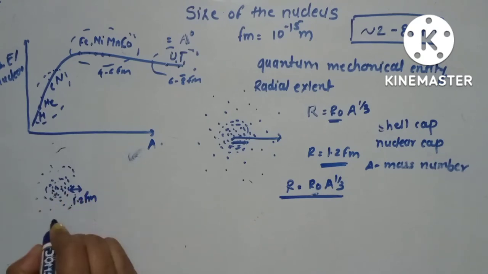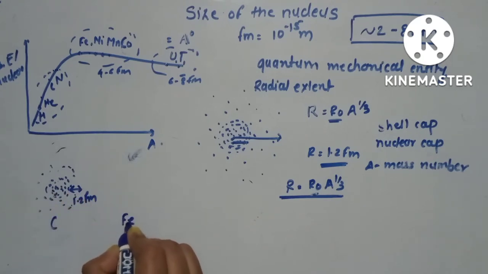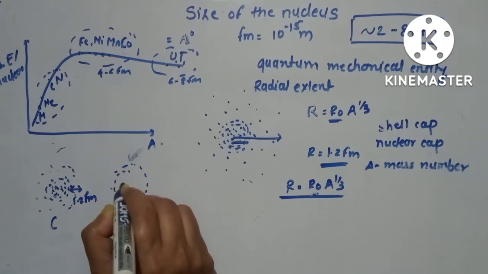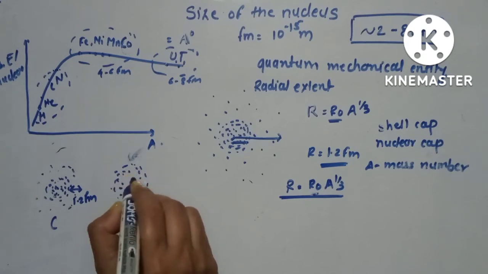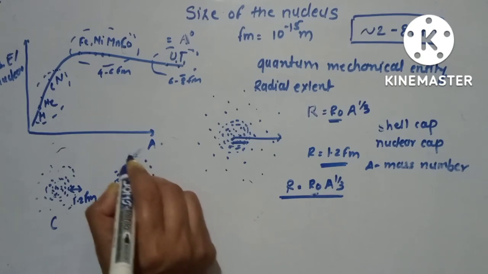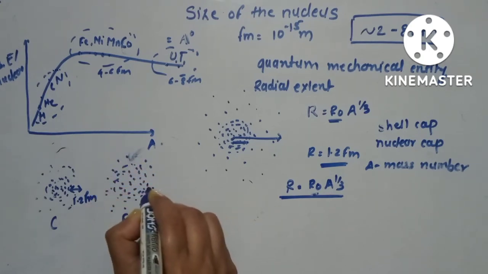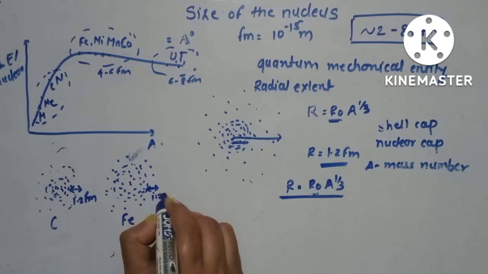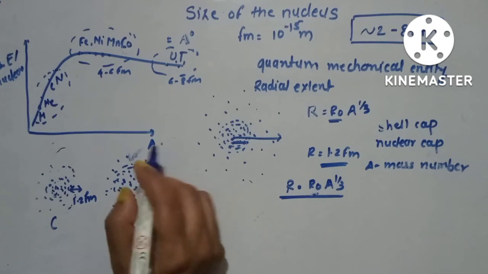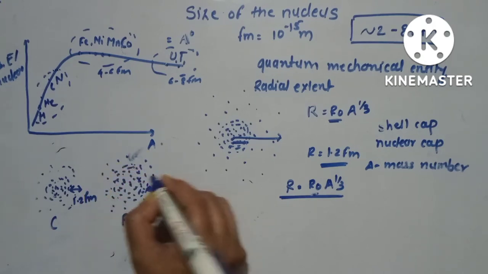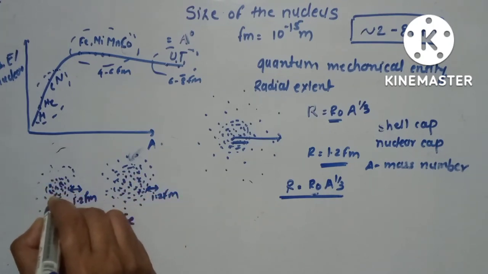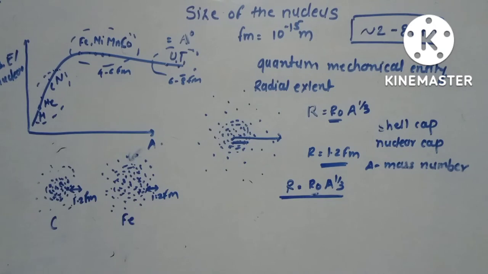Now if I go for iron, the uniform charge distribution will increase, but the shell cap remains 1.2 femtometers only. So the inner nuclear size will go on increasing, but the size of the shell cap remains constant.